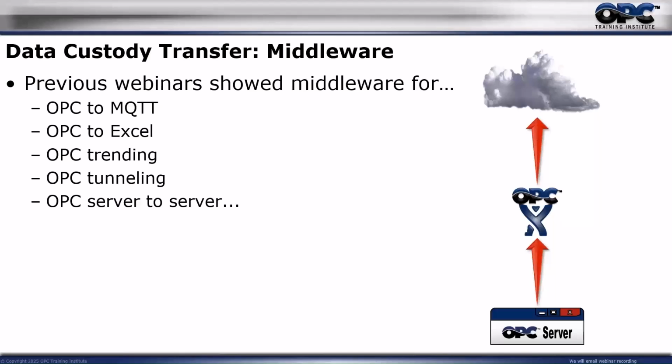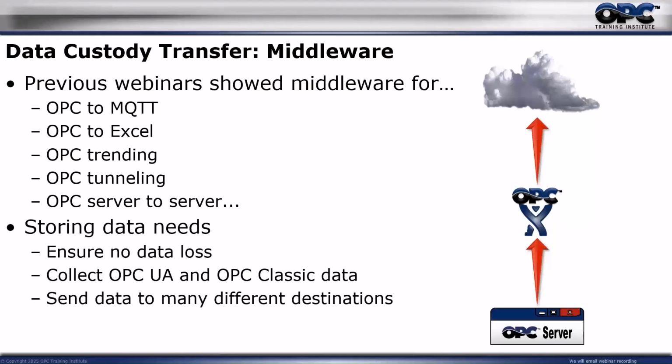In this case, we're using OPC Expert to take real-time data, capture it, and put it in permanent storage, long-term storage. So we've got to make sure there's no data loss, which I'll talk more about in just a little bit. We want to be able to collect OPC UA and OPC classic data and send to many different destinations. So whatever those destinations happen to be.